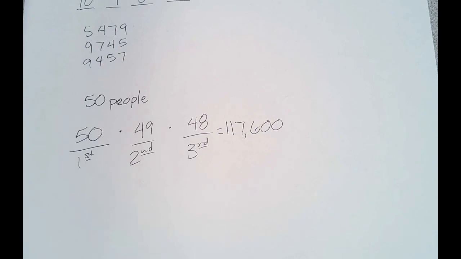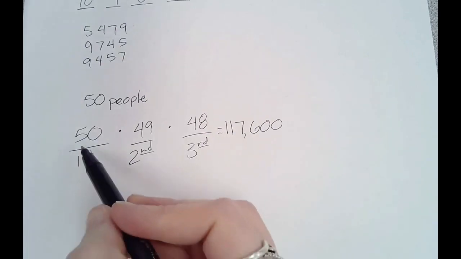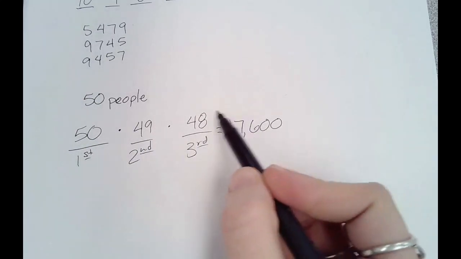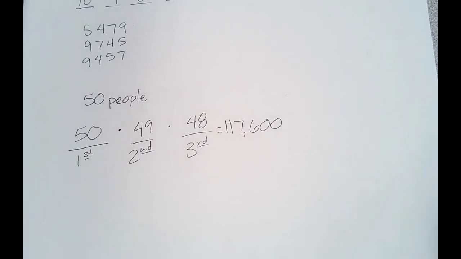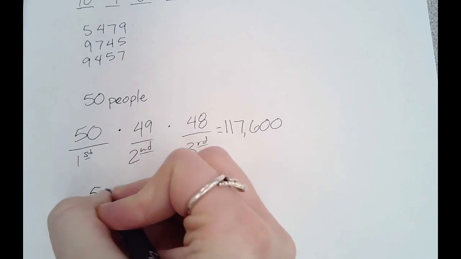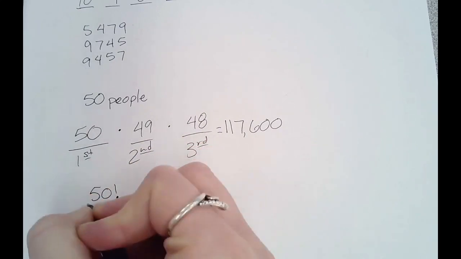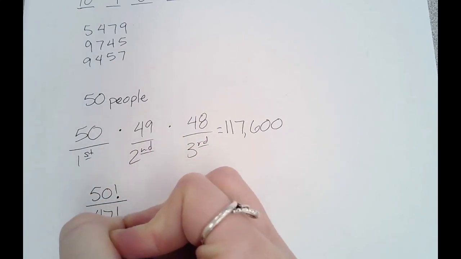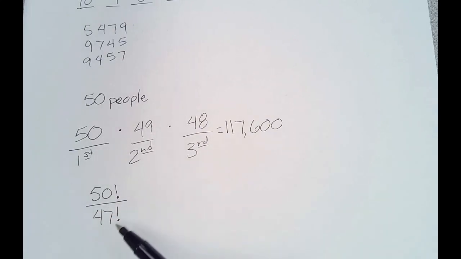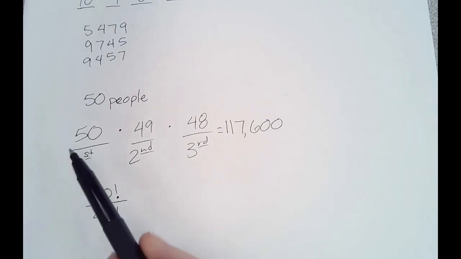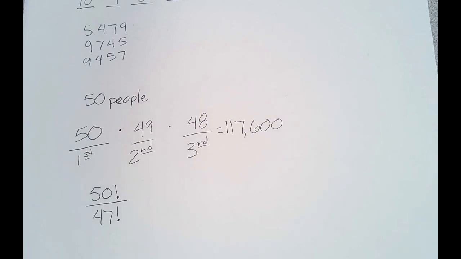So we can kind of see this pattern here that we could maybe write a formula to help us. It's, again, kind of like factorial, but we're missing a lot of it. So this really is the same as 50 factorial divided by 47 factorial. Everything from 47 down reduces to 1, and we're just left with 50 times 49 times 48.